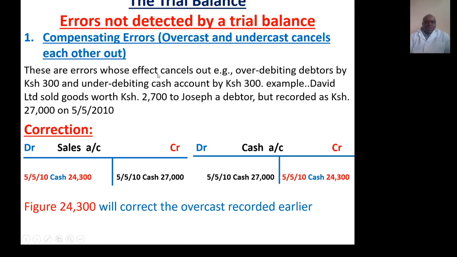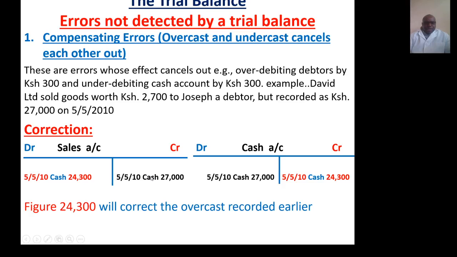So these are errors whose effect cancels out, e.g., overdebiting debtors by 300,000 and underdebiting cash account by 300,000 as an example. Look at another example. David Limited sold goods worth 2,700 shillings to Joseph, a debtor, but recorded as 27,000 on 5th of May 2010. So we correct that.